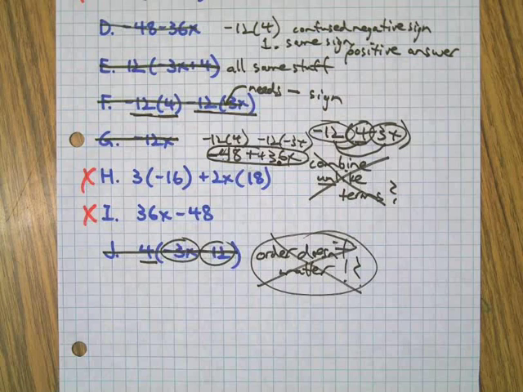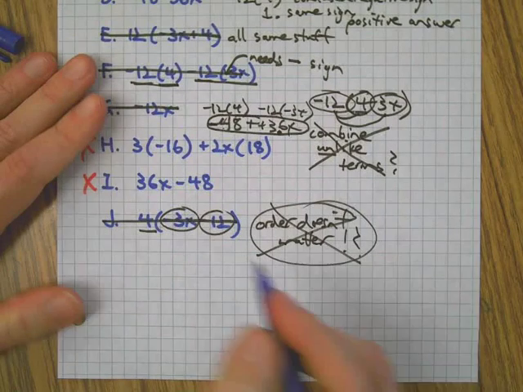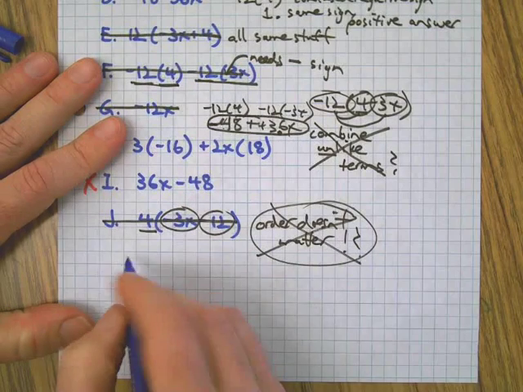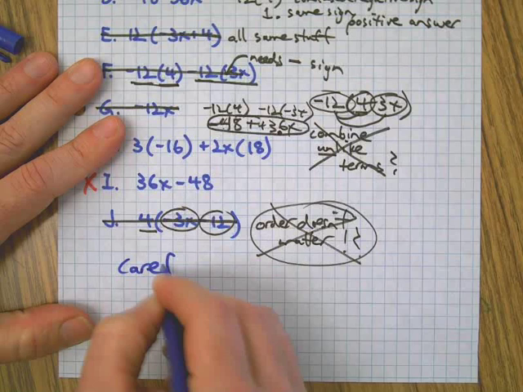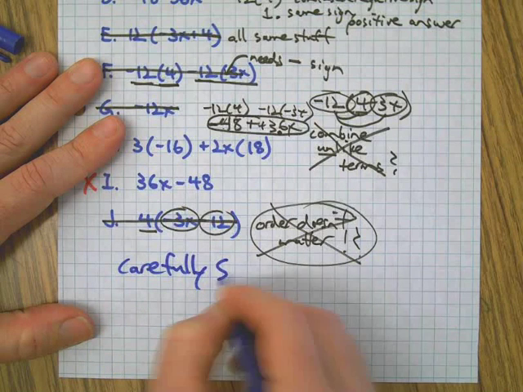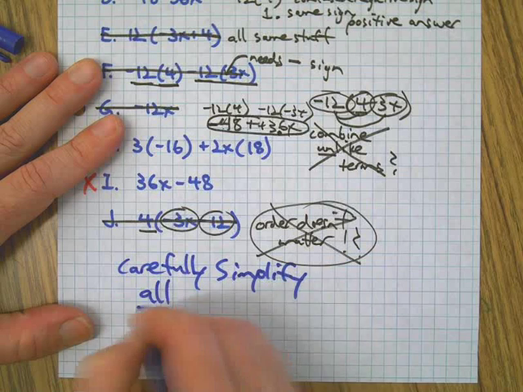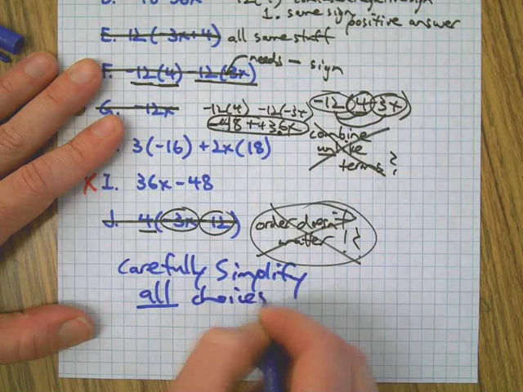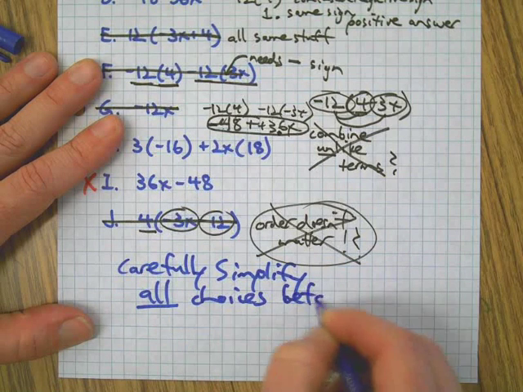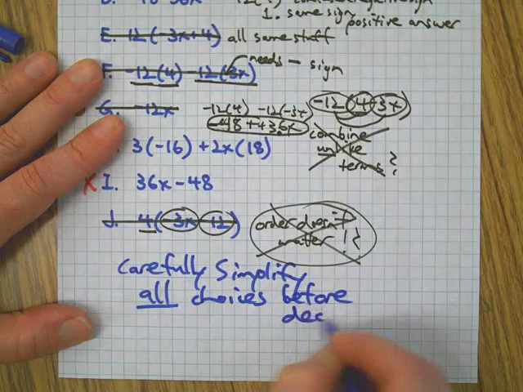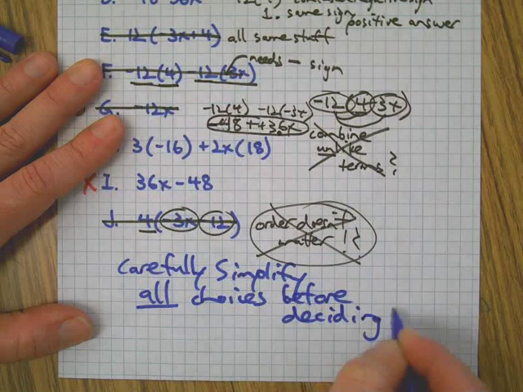So the bottom line, after all that explaining, is this. To succeed on one of these problems, carefully simplify all of your choices before deciding what's right and what's wrong, okay? That's all you have to do.